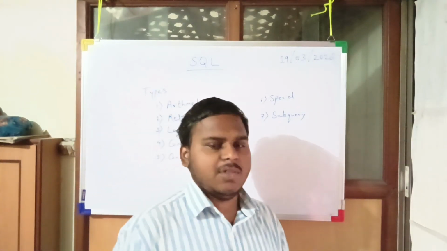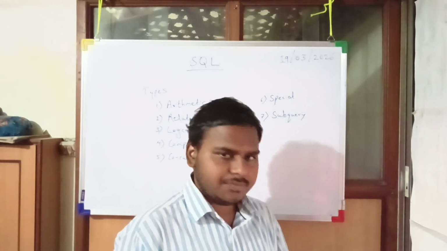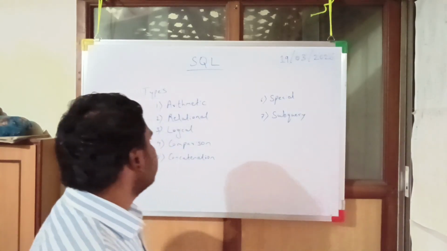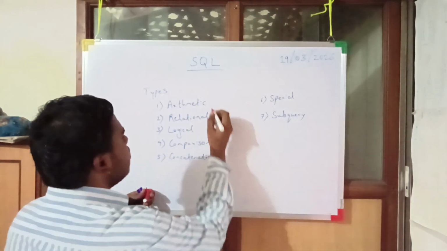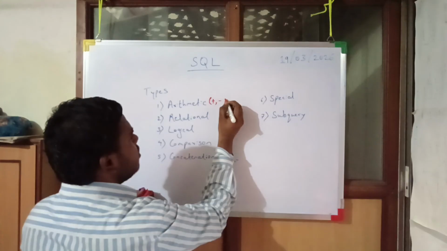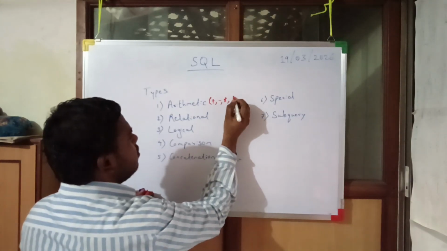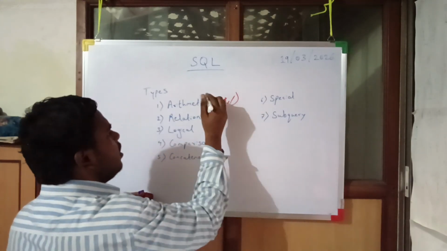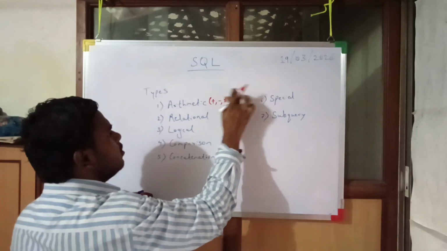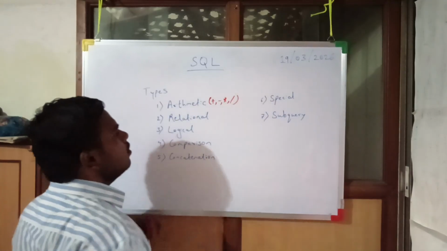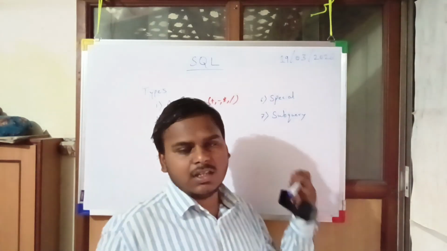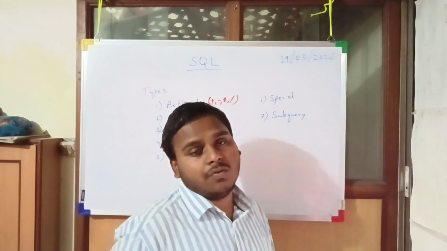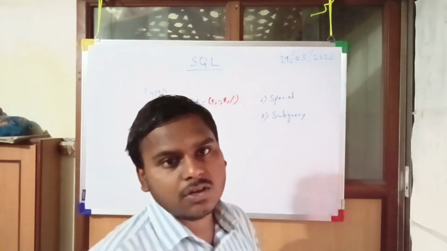We will study them in depth or get an overview. Arithmetic operator means plus, minus, multiply, divide, the basic operations of arithmetic. We have seen them in expressions also. To find the annual salary, sal into 12.